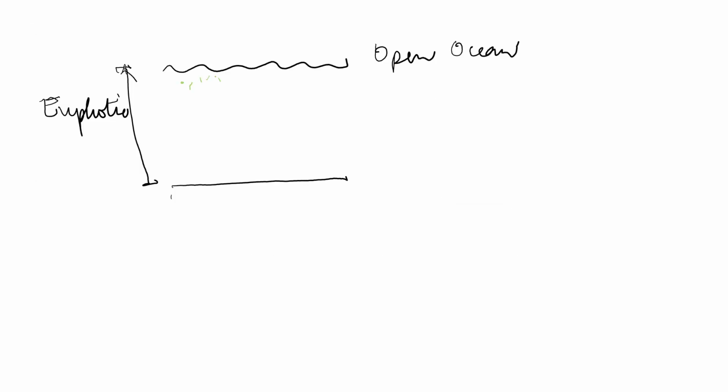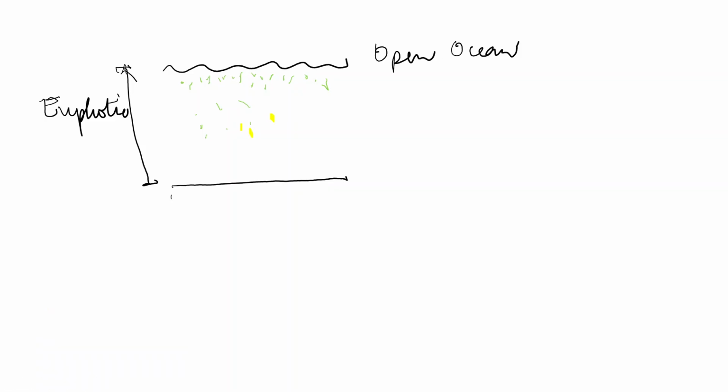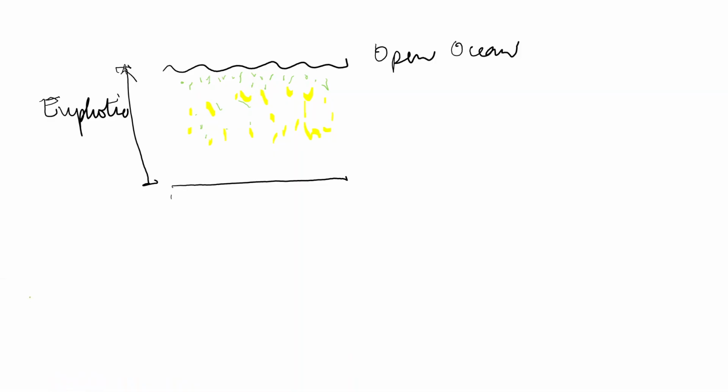These are the phytoplankton which are formed in the euphotic zone, and they will be high over there because of the relatively higher nutrient content and the well lit conditions.